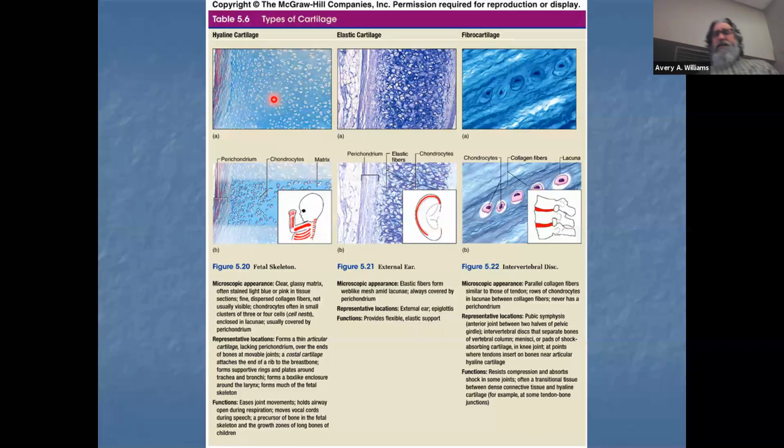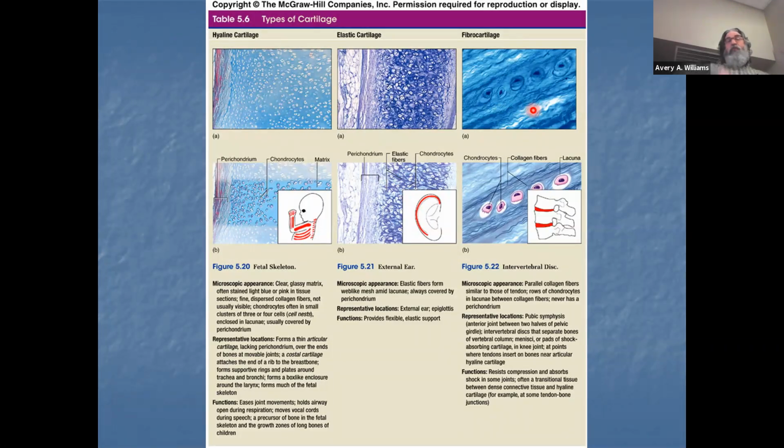Okay, and then the third type, again, a modified form of hyaline, which now incorporates the other type of protein fiber. You only have two, elastic fibers and collagen fibers. So this is the collagen fibers in the matrix of the cartilage. And so you think of the characteristics of collagen.